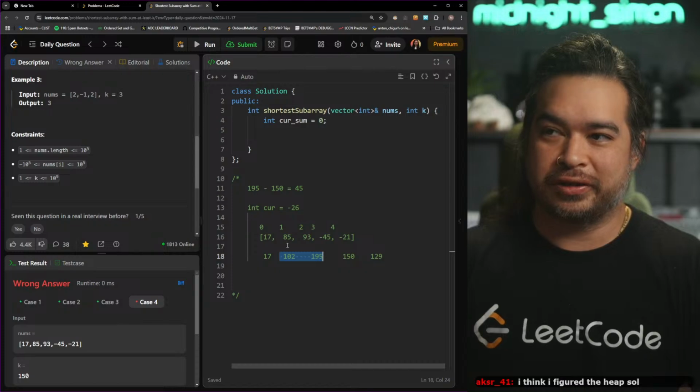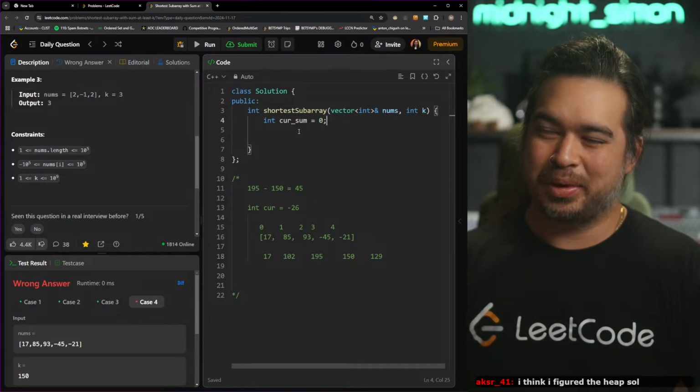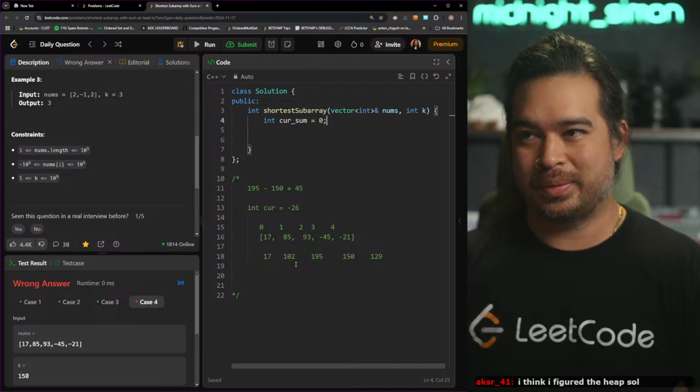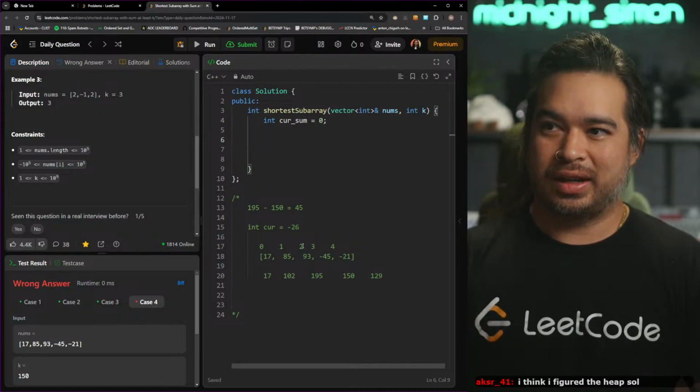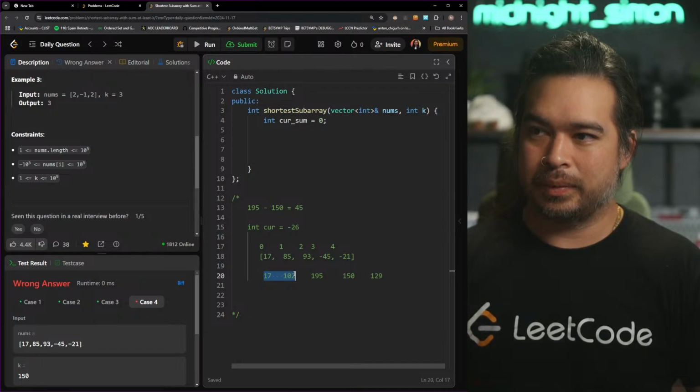All right, this is tough, but I think it's something like that, but he said I should try and do that with a heap instead. If I did that with a heap, I'm gonna have my running sums in this heap.